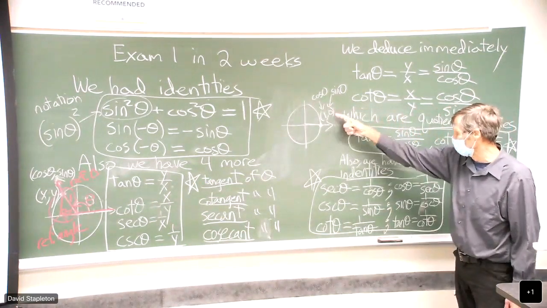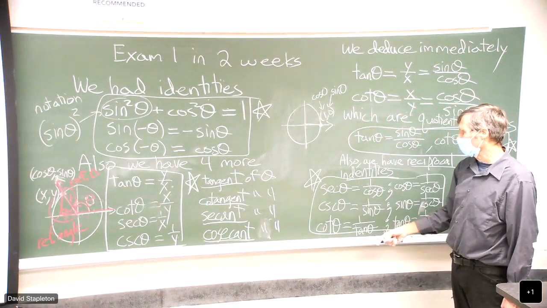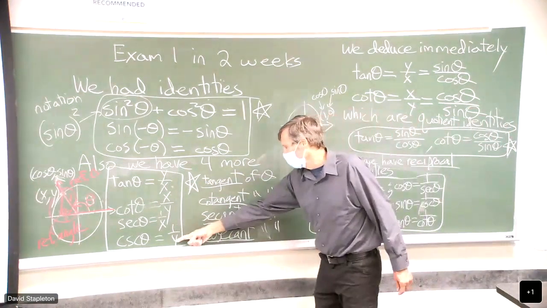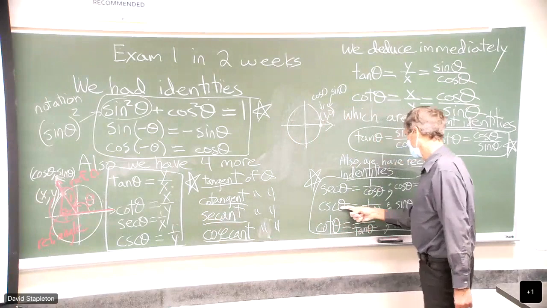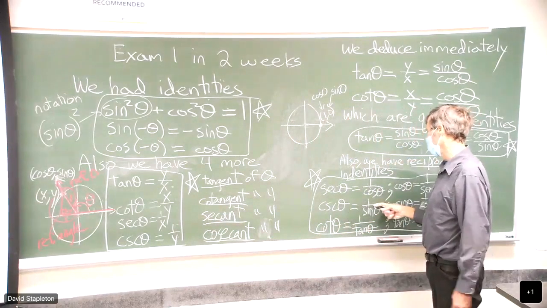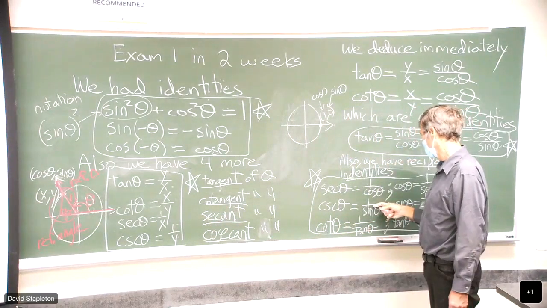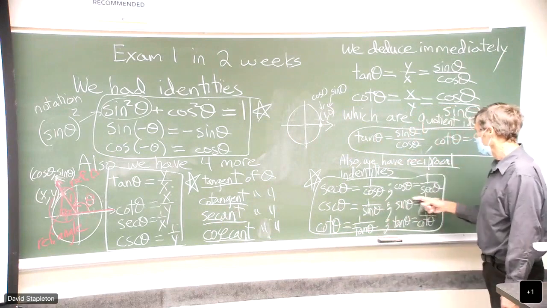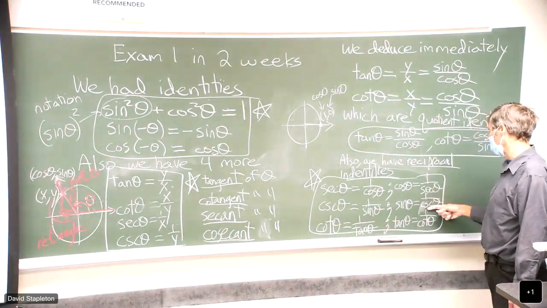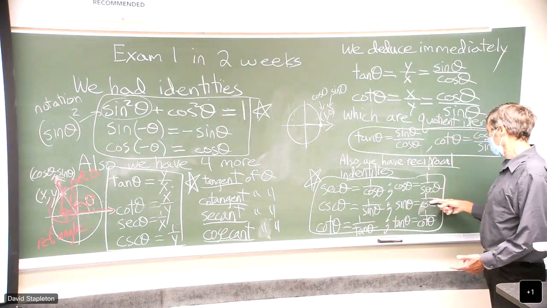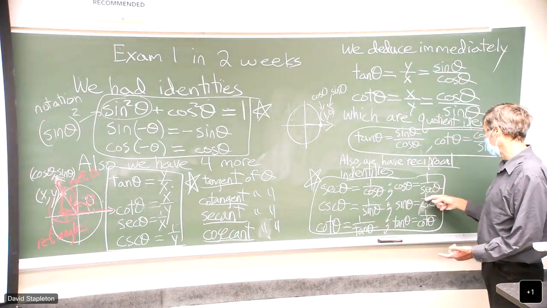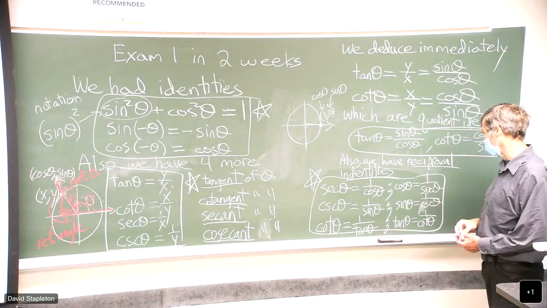It's 0, the y coordinate. But cosecant, 1 over 0, isn't defined, and so this one doesn't hold. Sine is 0, but cosecant is undefined. So even though sine is defined, you can't say it's 1 over cosecant because cosecant isn't defined.